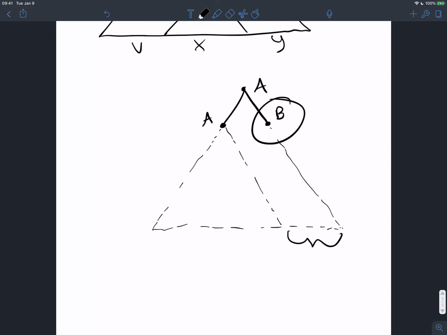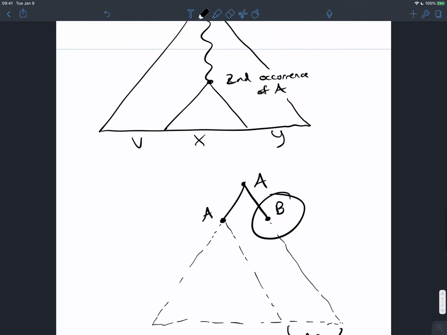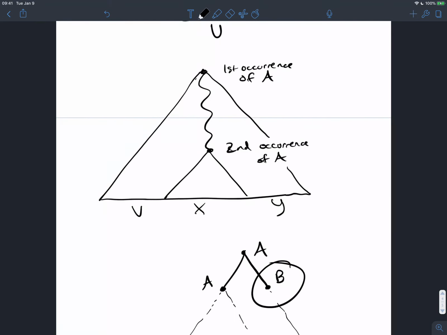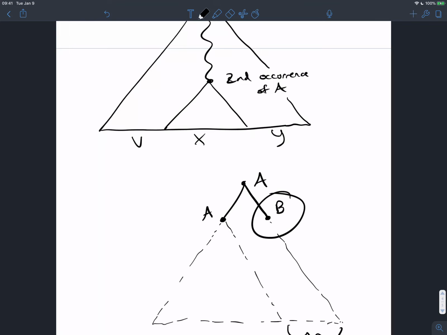Okay? Well, could it be that the Y part is empty and the V part is non-empty? Yeah, because we can just flip the picture around. So could V and Y both be non-empty? Yeah, because if A appears lower than right after the first occurrence, then certainly both sides are going to have to be non-empty.